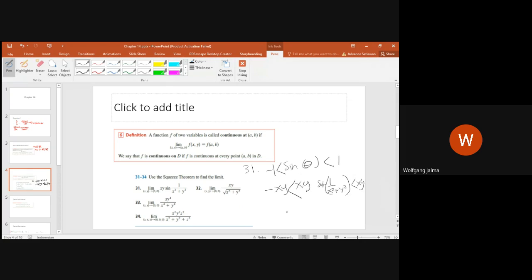And as we know, in both cases both go to 0, so the answer to this problem is squeezed to 0. I think everybody agrees about that, right?